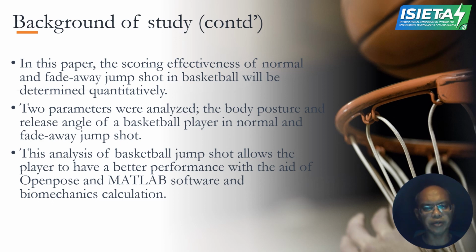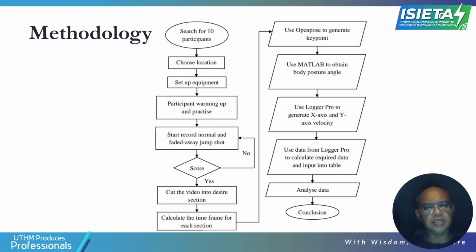This is the methodology of our study. It starts with the search for participants, and then we start recording the basketball shooting, and then we record the video. After that we did the video editing, and then we calculated the time frame for each section.